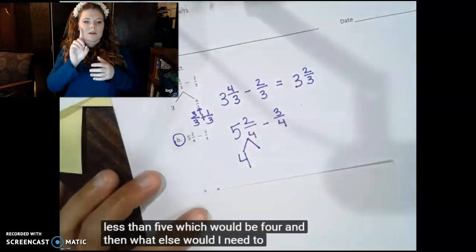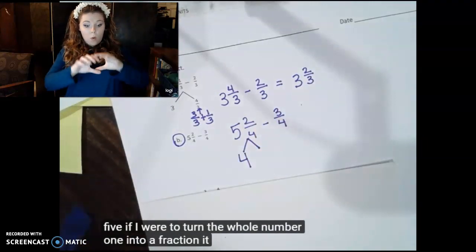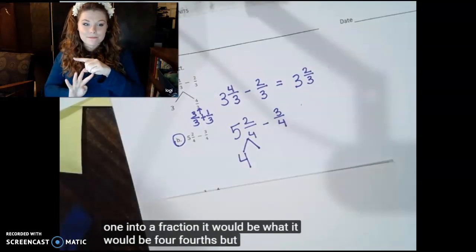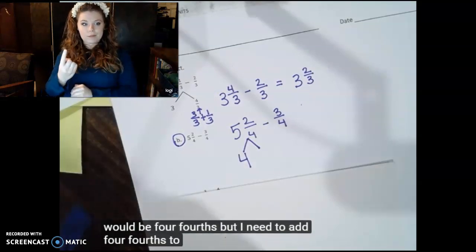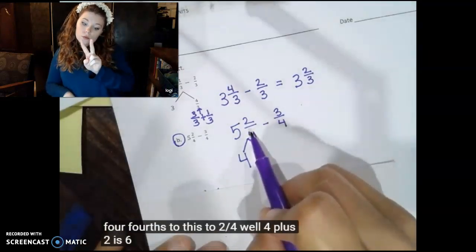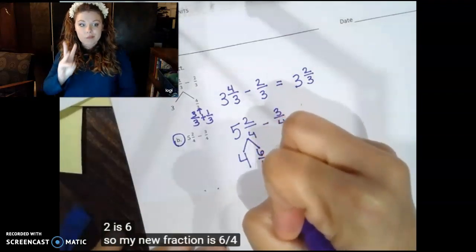And then what else would I need to get to 5? If I were to turn the whole number 1 into a fraction, it would be what? It would be 4/4. But I need to add 4/4 to 2/4. Well, 4 plus 2 is 6. So my new fraction is 6/4.